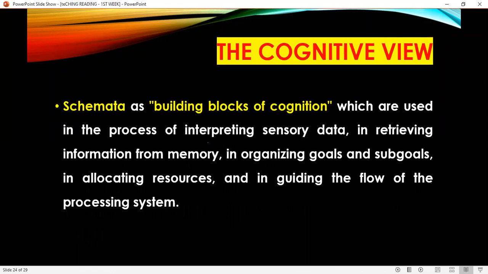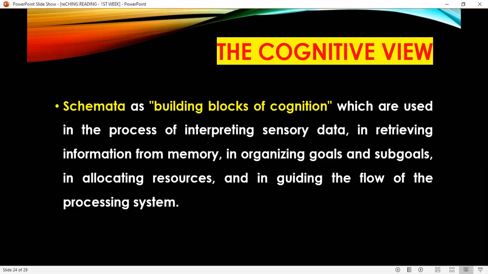Remember this term, schemata, as building blocks of cognition, which are used in the process of interpreting sensory data, in retrieving information from memory, in organizing goals and sub-goals, in allocating resources, and in guiding the flow of the processing system.